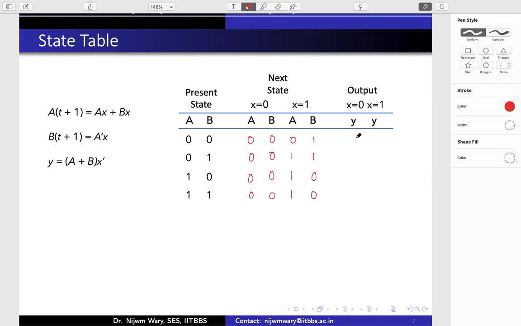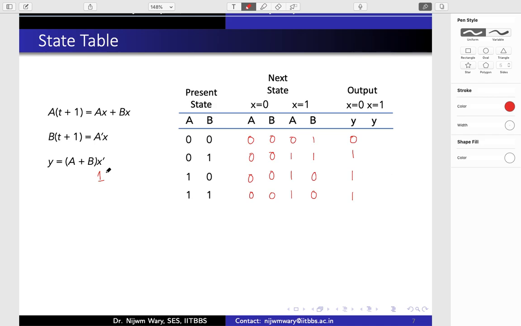Similarly for the Y, whenever x is 0, this will always be 1, so it is nothing but simple A or B. So whenever x is 0, Y is nothing but A or B. So what I have is 1 1 0 1 1 1.